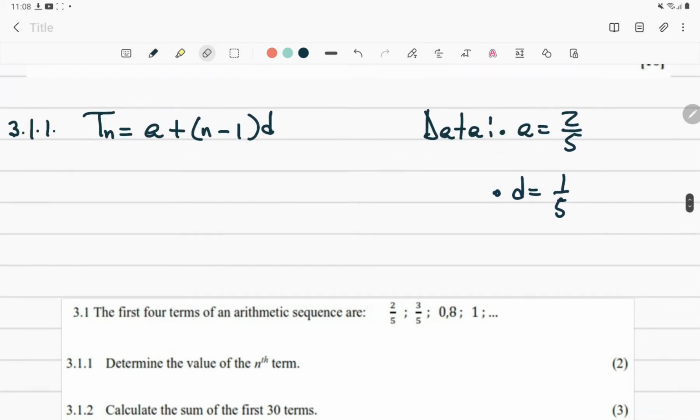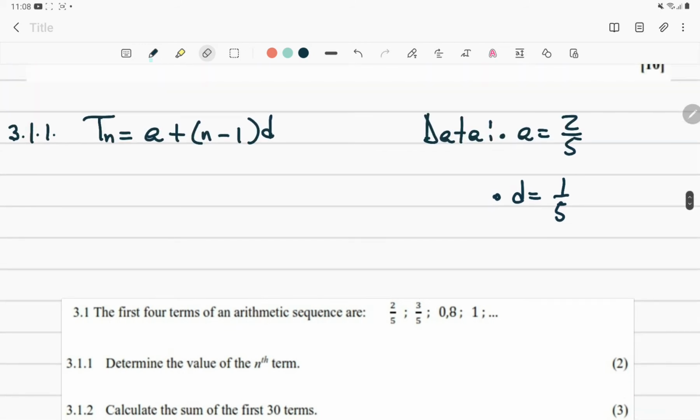Now that we have a and d, you can substitute here. Tn equals, where there's a, you replace by 2 over 5, plus (n minus 1). Then where there's d, you replace by 1 over 5. Make sure you replace d inside the brackets.